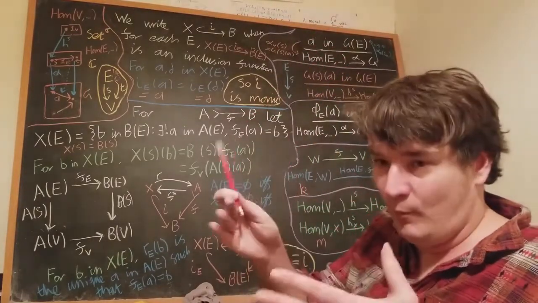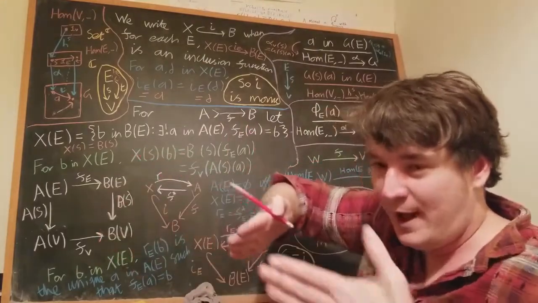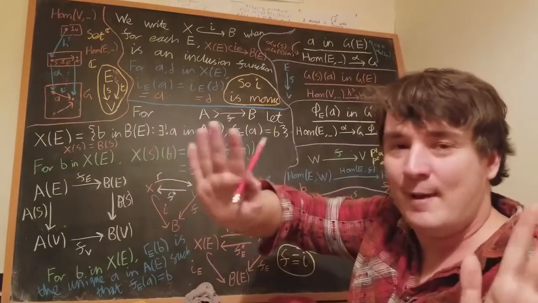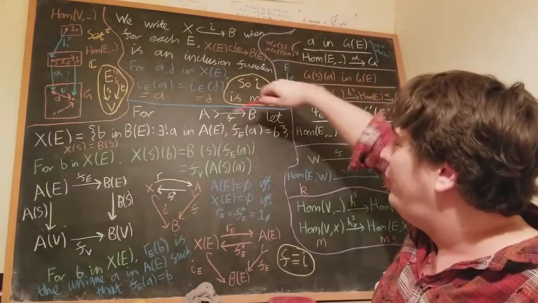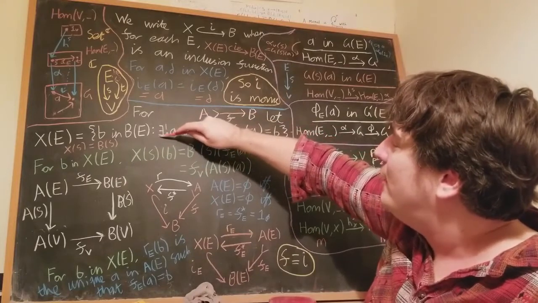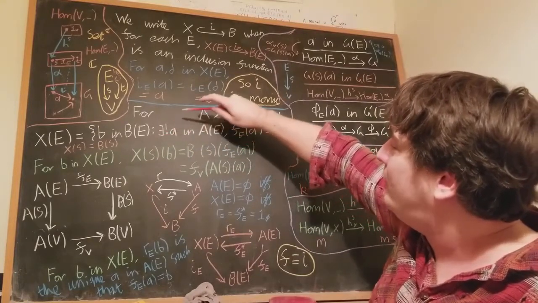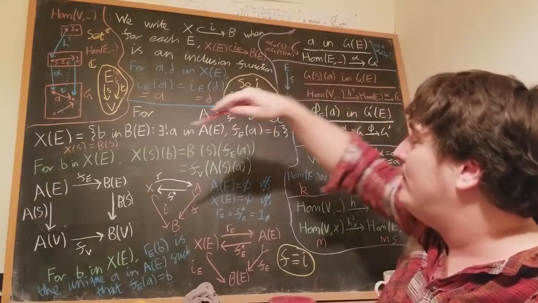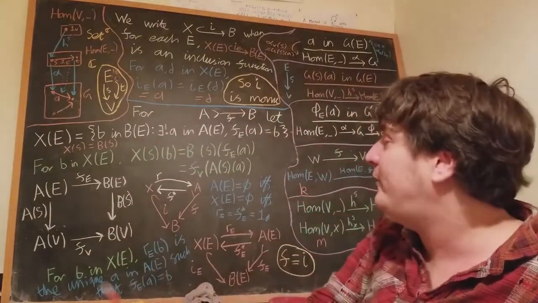There can't be more than one different one, because f of e doesn't send distinct elements to the same element. So sometimes this exclamation mark is used, and this is read, there exists a unique element a such that f of e of a equals b. And that uniqueness is going to help us later.